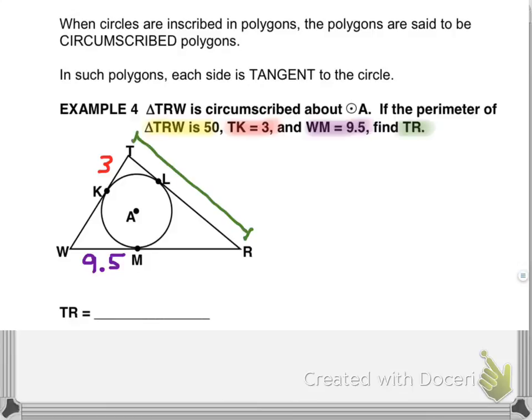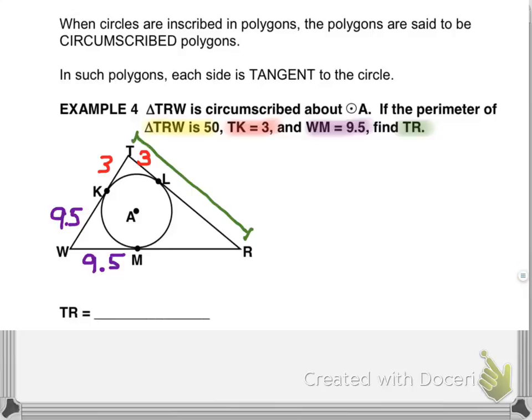Well, because of what we know about tangents drawn from a point outside the circle, segment TK is equal to segment TL, and segment WM is equal to segment WK.